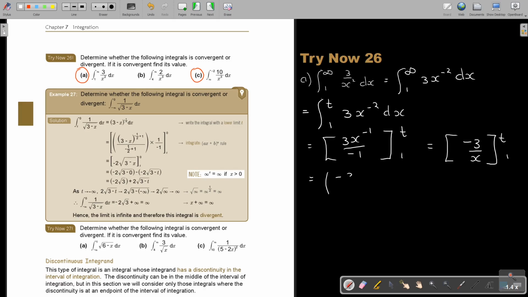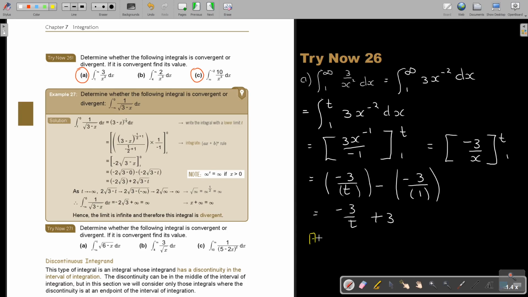So it's negative 3, and I first substitute the t. And then I say negative 3 and I substitute the 1. And that's negative 3 over t plus 3.